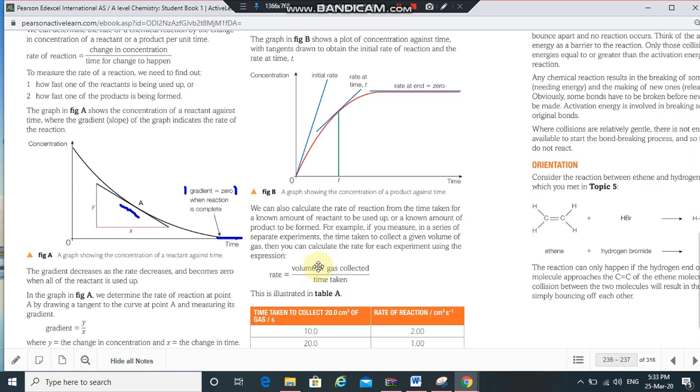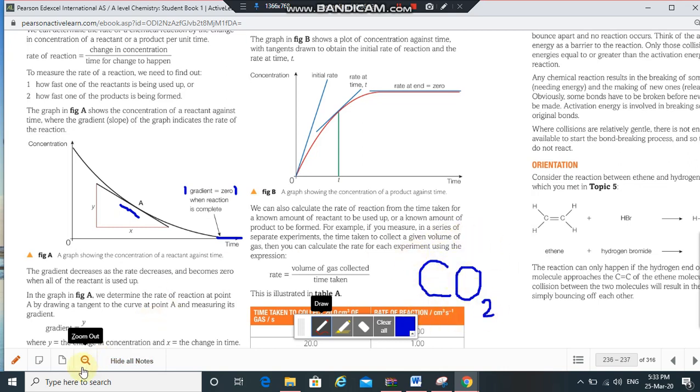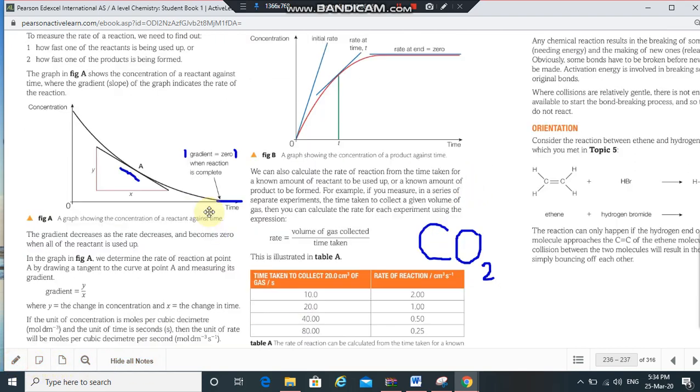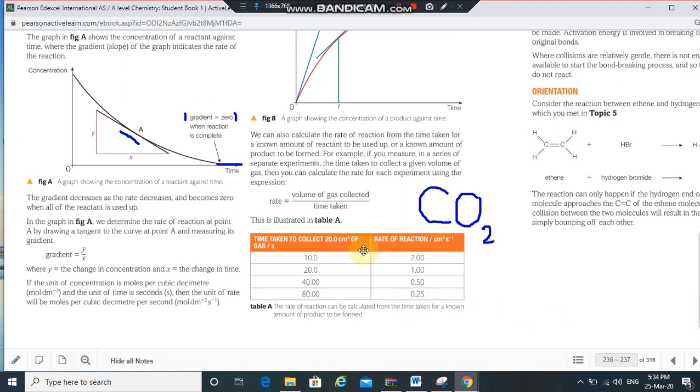This reaction will give me what? It will give me CO2. So I will collect the CO2 at several intervals, and the time taken for collecting the gas will be a measure of your rate of reaction.